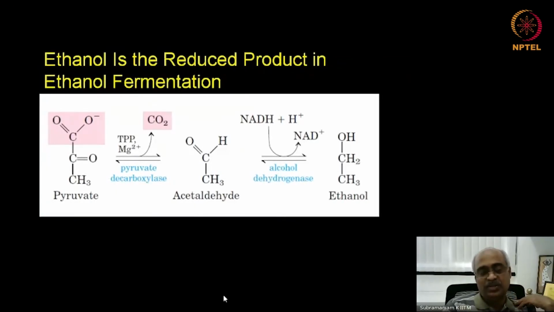So you will see a reaction later, not in today's class, where we are going to proceed from pyruvate to the oxidative phosphorylation step, where oxidative phosphorylation and pyruvate are linked by a cyclical metabolic pathway called the citric acid cycle or Krebs cycle.